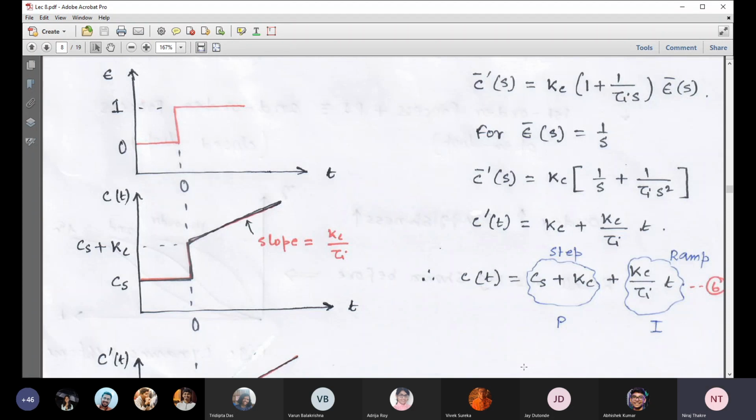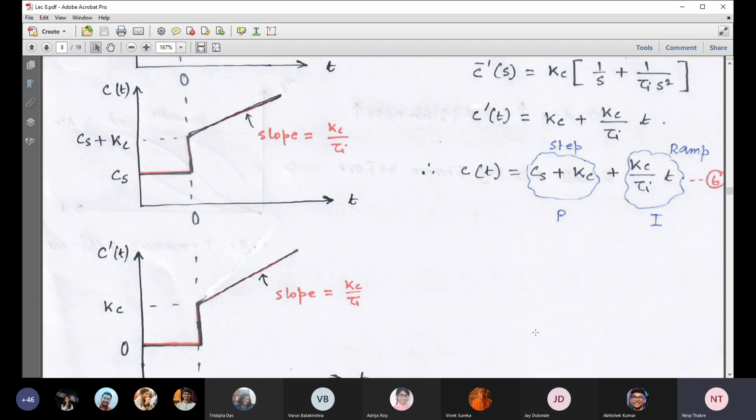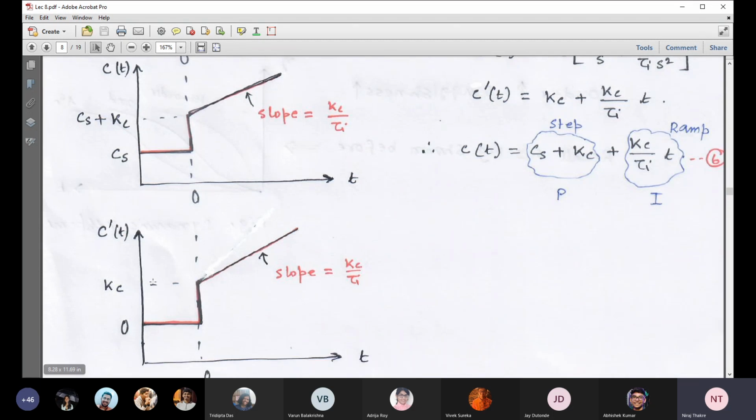Okay, I think you are understanding the plot. There is no difficulty at all. The graphical representation of C(t) against a unit step change in error signal. So it basically includes a step function or a step change. Another one is the ramp change. And C prime t is quite obvious. CS will not be present here.